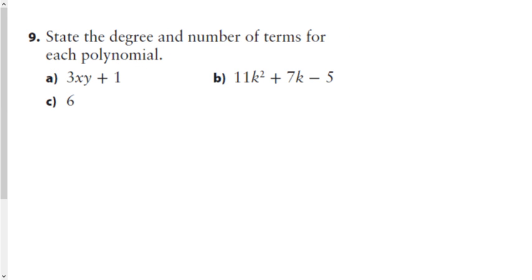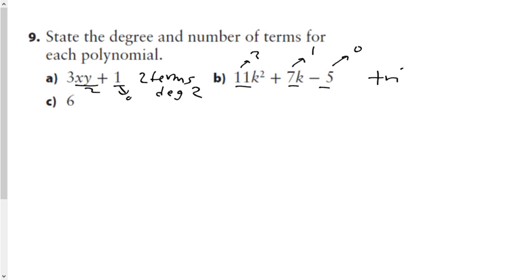Question 9, same question. State the degree and number of terms. 2 terms, it's a binomial. Degree of 2, degree of 0. Therefore, it has a degree of 2. 1, 2, 3 terms, so it's a trinomial or a three-termed expression. Degree of 2, because k has an exponent of 2. Degree of 1, because the variable has an exponent of 1.